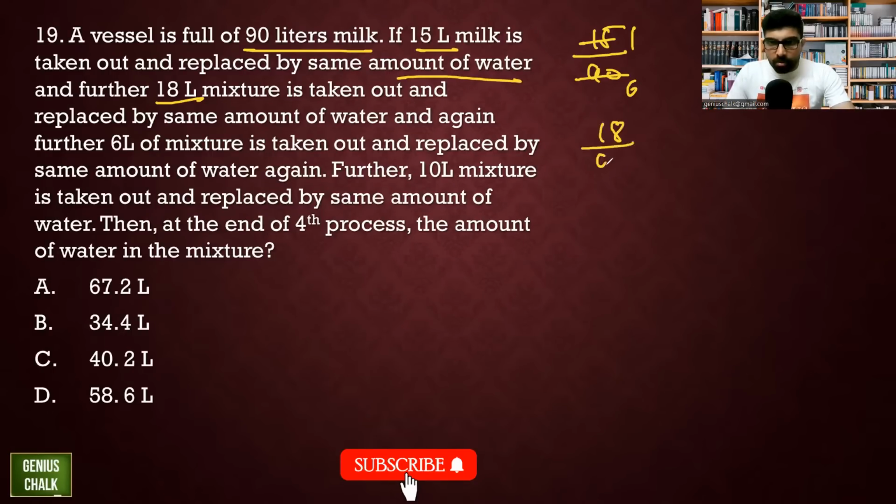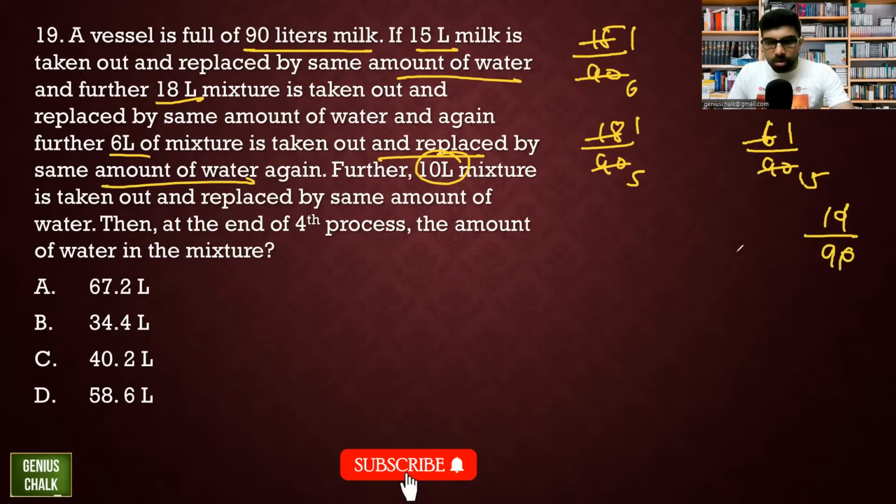So what is 18 by 90? That is 1 by 5. Next, 6 liter is replaced. 6 by 90, that is 1 by 15. And finally 10 liter, and then all are replaced by water. So I'm not reading them, as I know the framing of the question is same. So it is 10 by 90 means 1 by 9.